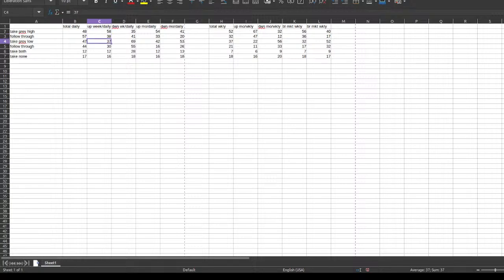This is a 38%. This is 11%. This is 14%. And this one, I haven't written that down for some reason. Let me just get this number really quick and write it down.